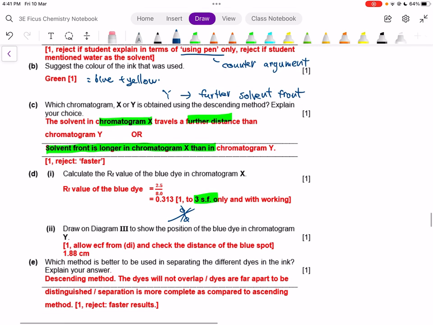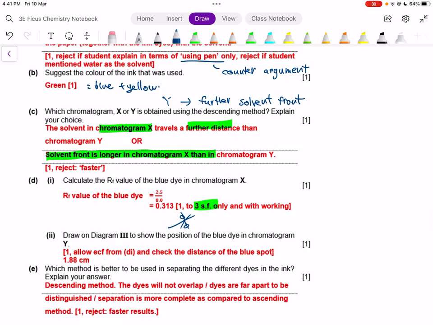Okay, then draw on the diagram to show the position of the blue dye in chromatogram Y. Okay, diagram 3. So you know the Rf value is 0.308. So you multiply by 6, the solvent front. This one you should get 1.88 cm around there.